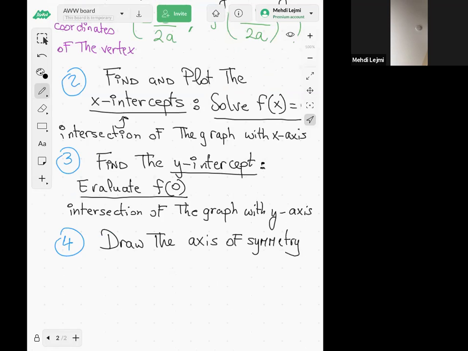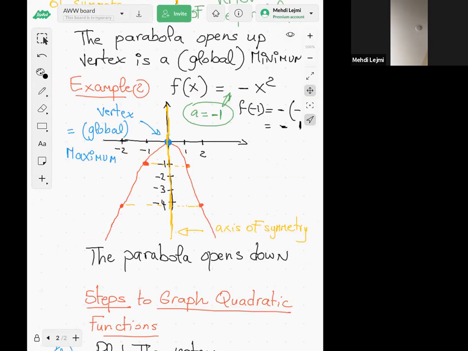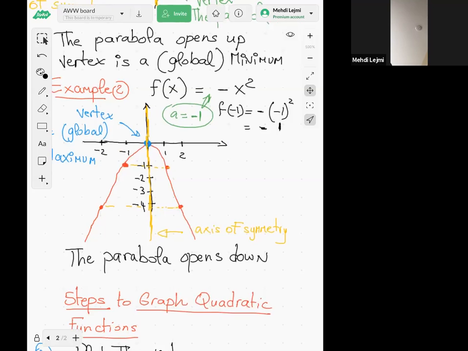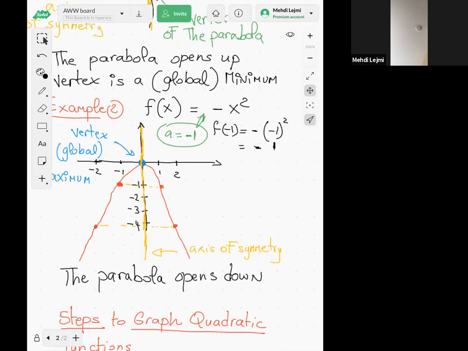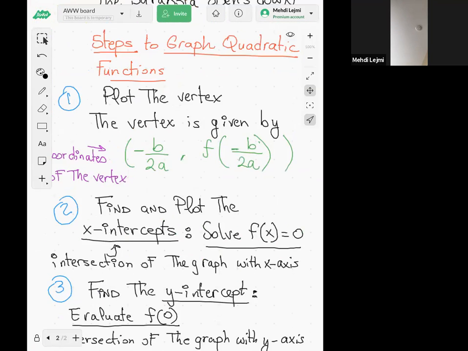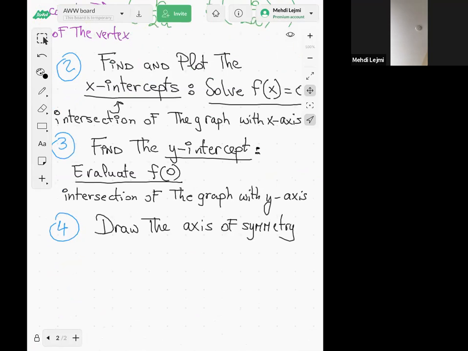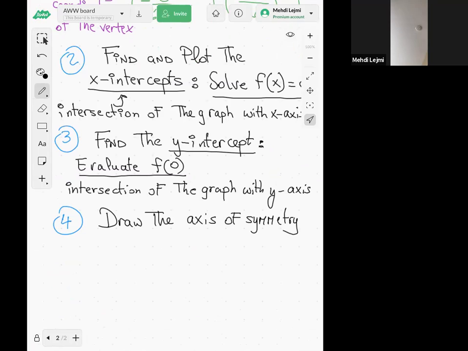Like in these examples with a minus x squared or positive x squared, in both cases the axis of symmetry was the y-axis, which is a vertical line.